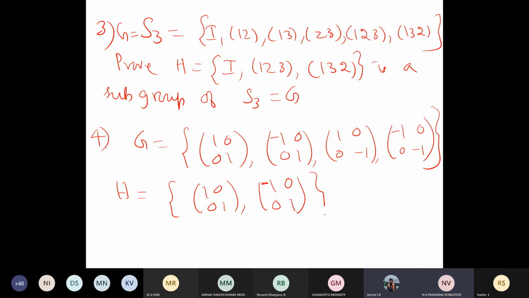Yes, ma'am. One more thing: since it's a Klein's 4-group, any of these three elements can be clubbed with the identity. Can you say why? Because all these three elements are their own inverses, correct?